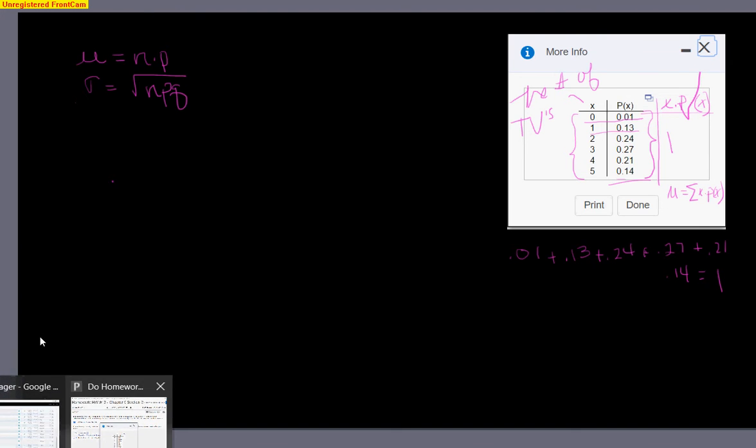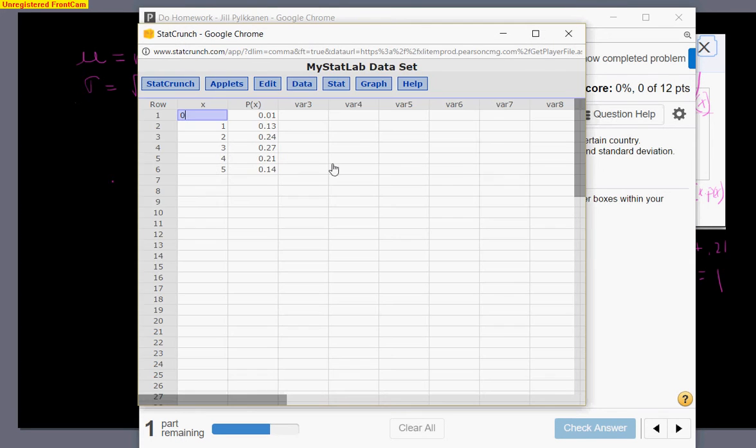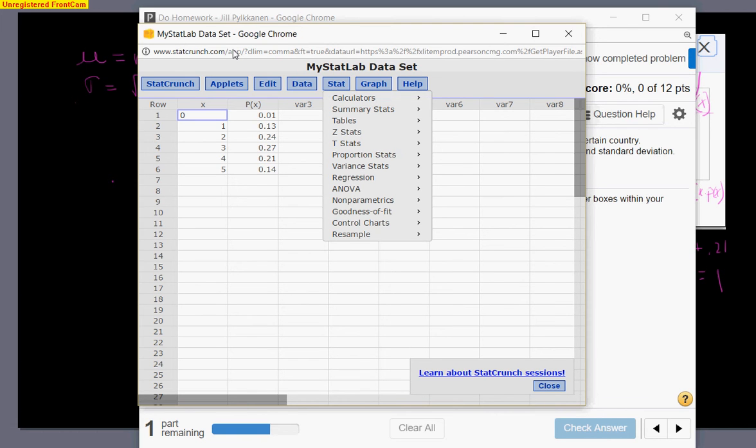I'm going to go back to this table here, and we're going to click on this icon. I'm going to copy it into StatCrunch. Now if you get your StatCrunch tips out, the ones I gave you in class, you'll notice for a probability distribution, if you go down to Chapter 5, homework number 12, right there on the StatCrunch tips, it tells you to click on Stat.